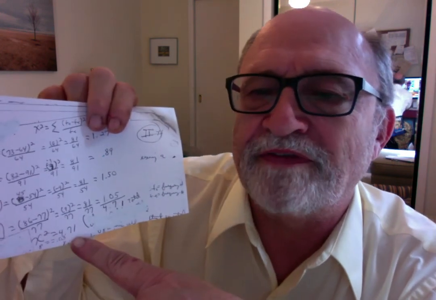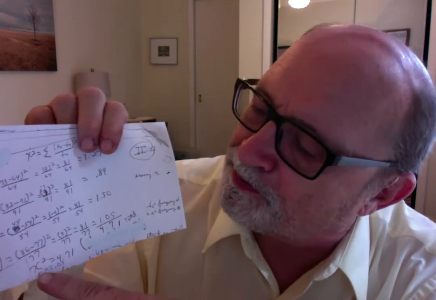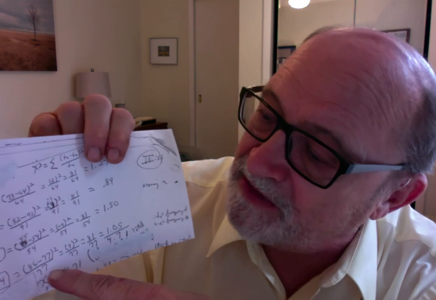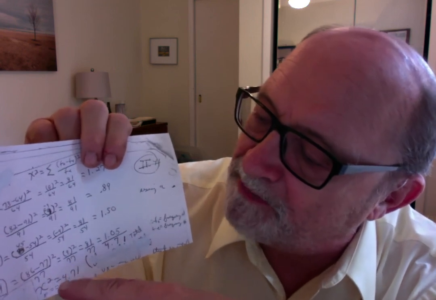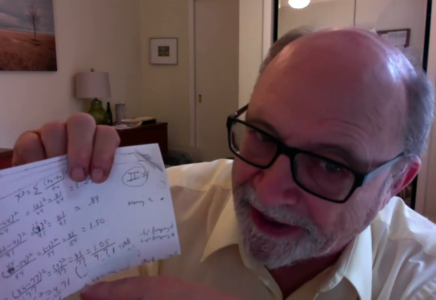And I looked up my SAS, pumped it out, and if you have a 2x2 contingency table with this many people, and you get a chi-square of 4.71 here, the p-value, meaning the probability of getting a chi-square that big or bigger, is 0.03.